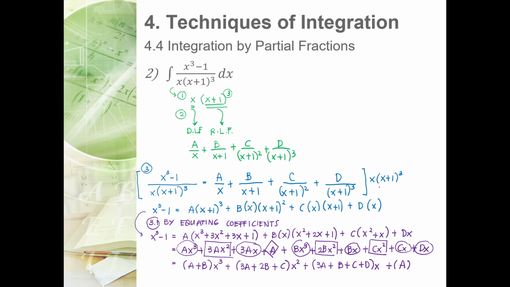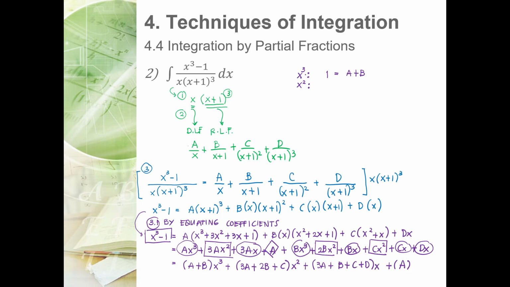Okay, so we now equate coefficients. Let's write it on the upper right of this page. Starting with x cubed, the coefficient of x cubed on the left side is just 1, equal to A plus B. Next is x squared.